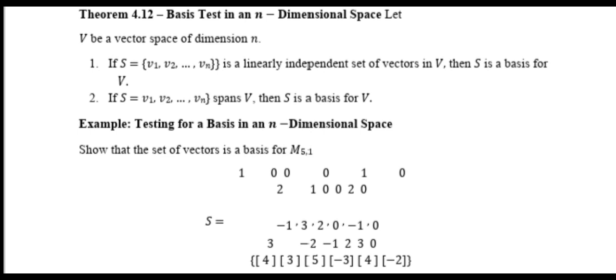Show that the set of vectors is a basis for M5,1. S = {(1, 2, -1, 3, 4), (0, 1, 3, -2, 3), (0, 0, 2, -1, 5), (0, 0, 0, 2, -3), (0, 0, 0, 0, -2)}.